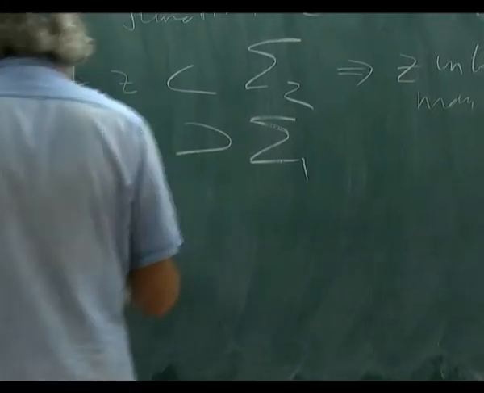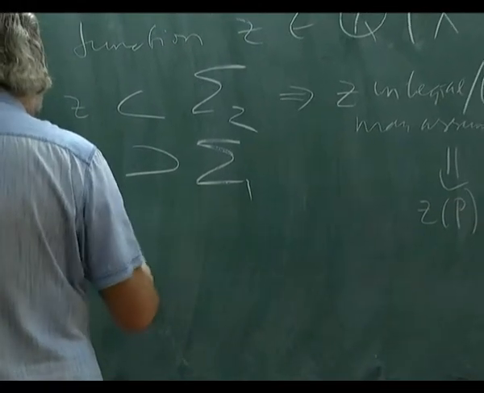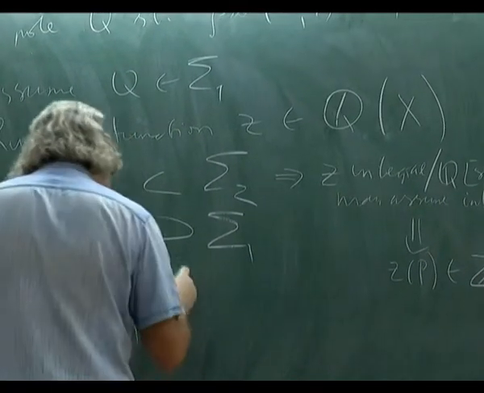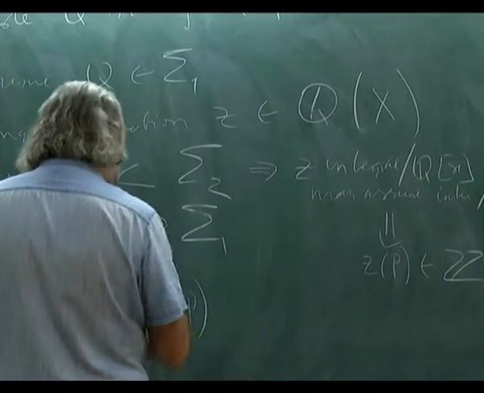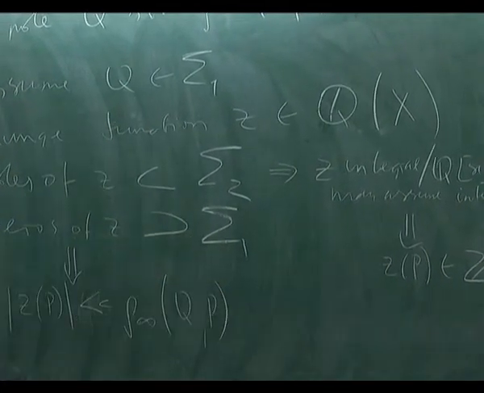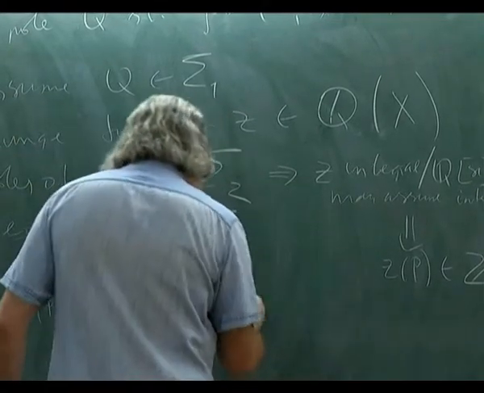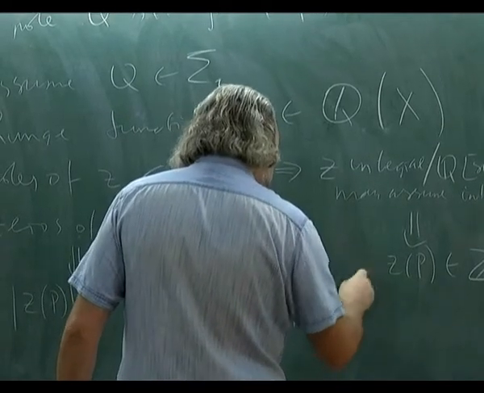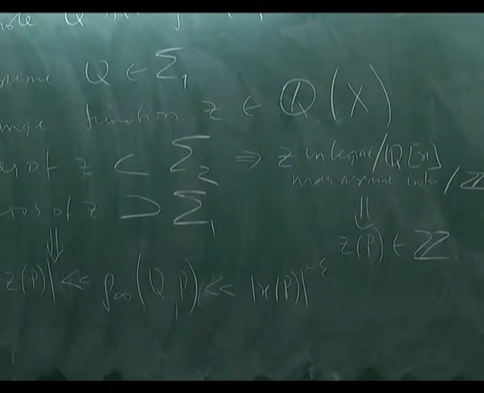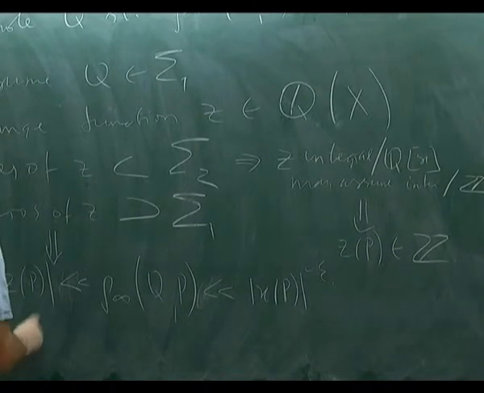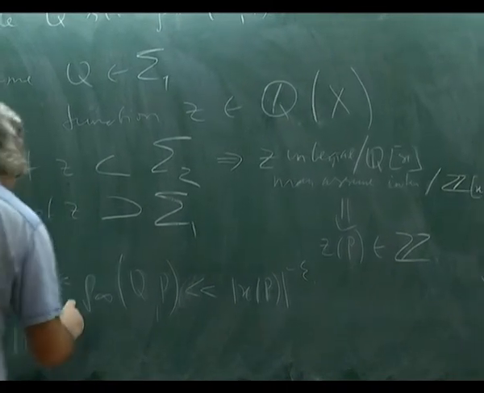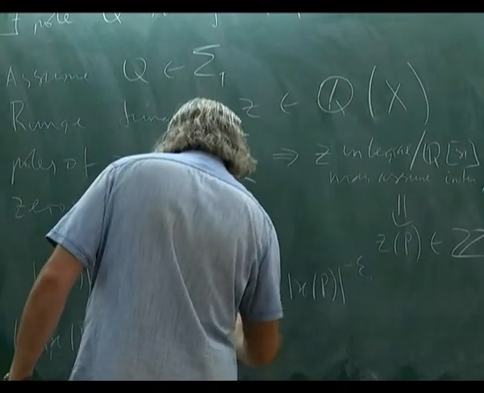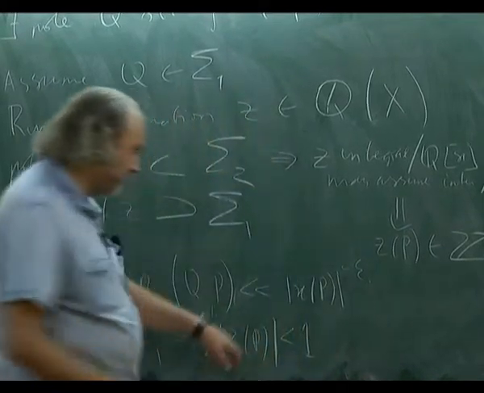It's bounded by the distance, because Q is one of the zeros, to some power. And this means that if X of P is bigger than a certain number C1, then Z of P is strictly smaller than 1.